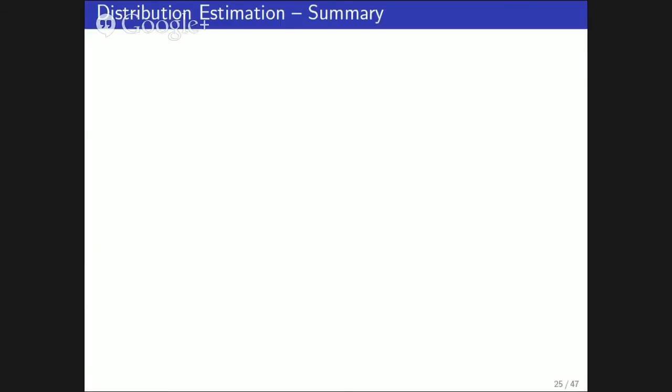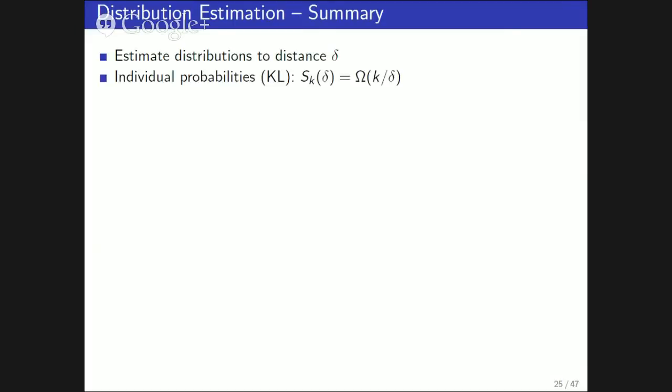So for distribution estimation, what we said is we want to estimate a distribution to some distance delta. If you want to estimate individual probabilities, then for KL you need a number of samples proportional to K and 1 over delta. In the worst case, if you don't have a bound on K, you need infinitely many samples. Here I wrote it for KL divergence, but you can do the same thing for L1.